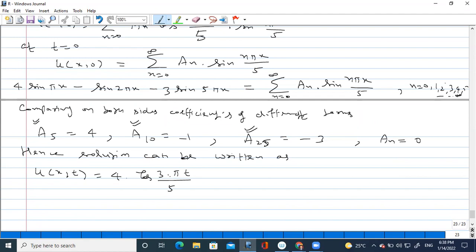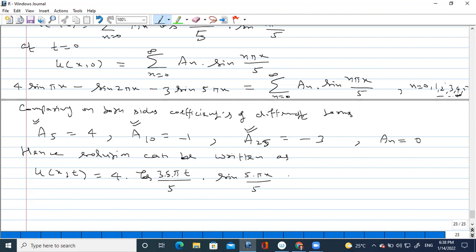L is 5 and here n is also 5. 3 into 5 into pi into t divided by L into sine n pi x by L. Sine 5 into pi into x by L. L is 5. Understood? So this will be my first term, and here A5 is 4, so I have already put it.